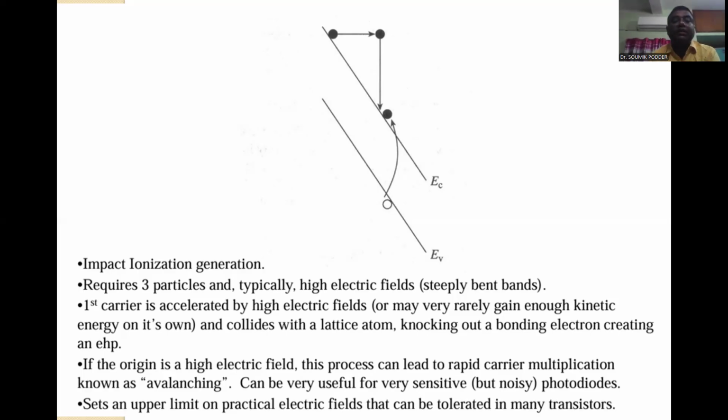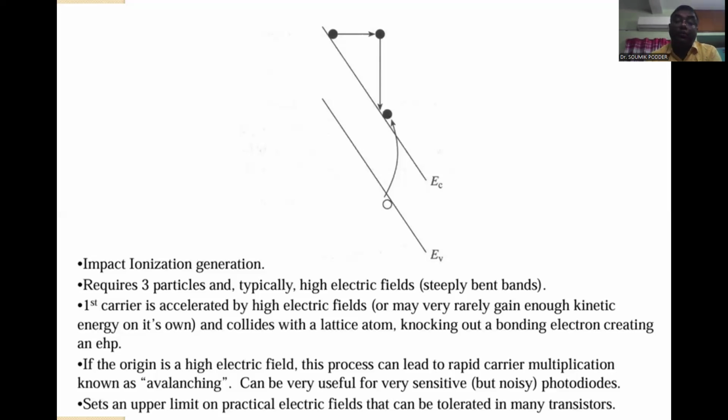They form a tunnel-like structure. It also requires three particles, typically a very high electric field due to the steeply bent bands. A fast carrier is accelerated by the high electric field, or may very rarely gain enough kinetic energy on its own, and collides with a lattice atom, knocking out a bonding electron, creating an EHP.